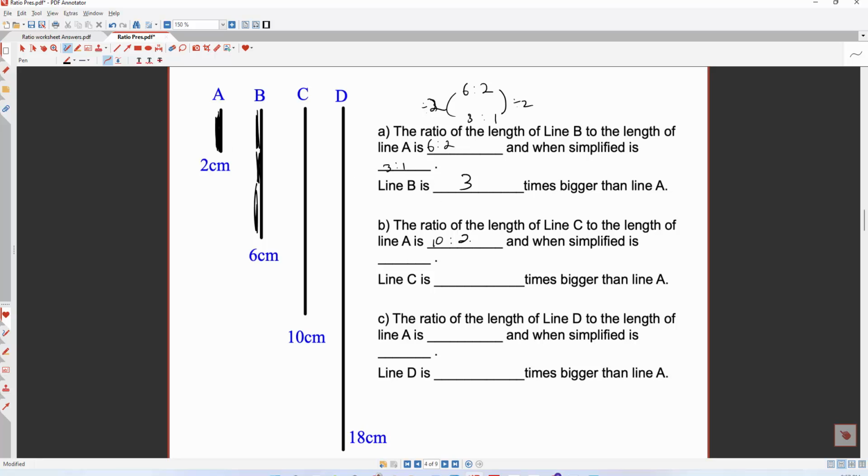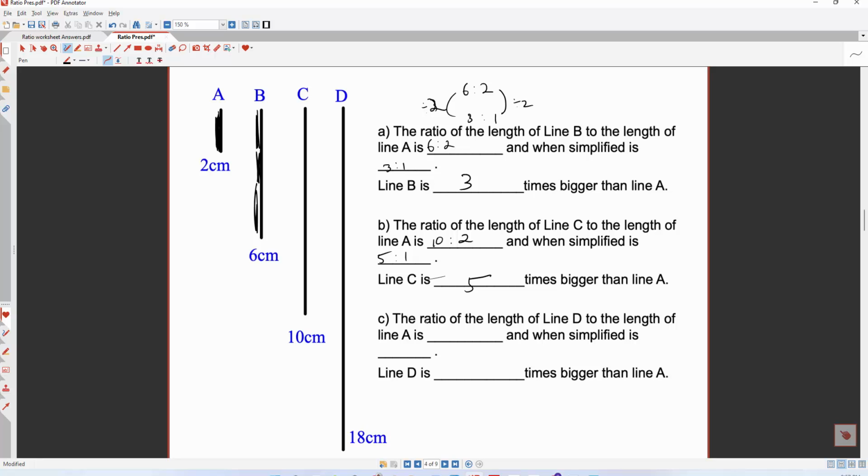Now notice I'm not putting any units on there because we don't put units on ratios. Okay, so 2 goes into both of these, so when simplified it's going to be 5 to 1, so it's at a ratio of 5 to 1. That's basically saying that line C is 5 times bigger than line A.